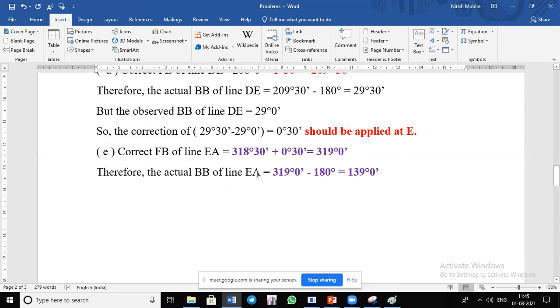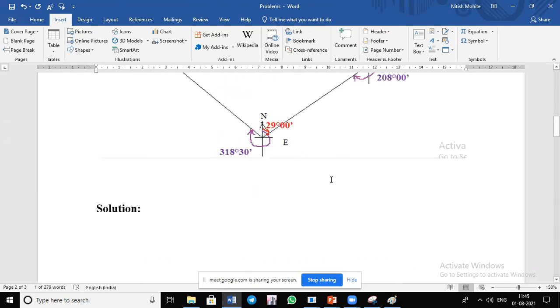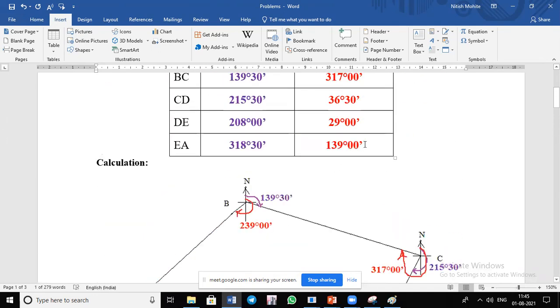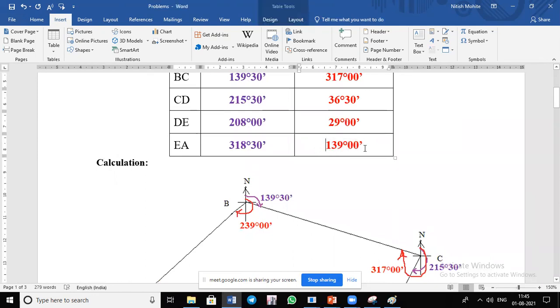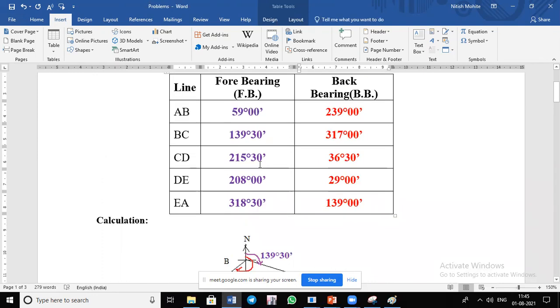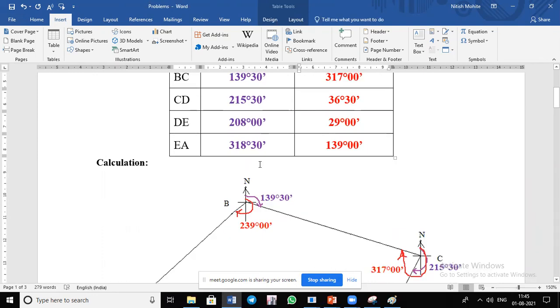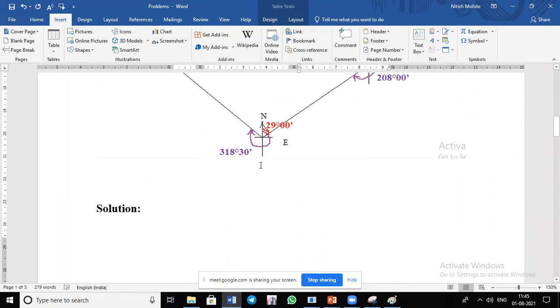A is the starting and the closing point. Why? Because it is a closed traverse. So this should be the correct value. If you have done the corrections and the calculations are on the right path, this should be the value of the back bearing of the line EA. Okay, so here you can see this is 139 degree 0 minutes. So this means whatever calculation we have done, they are up to the mark and they are correct.